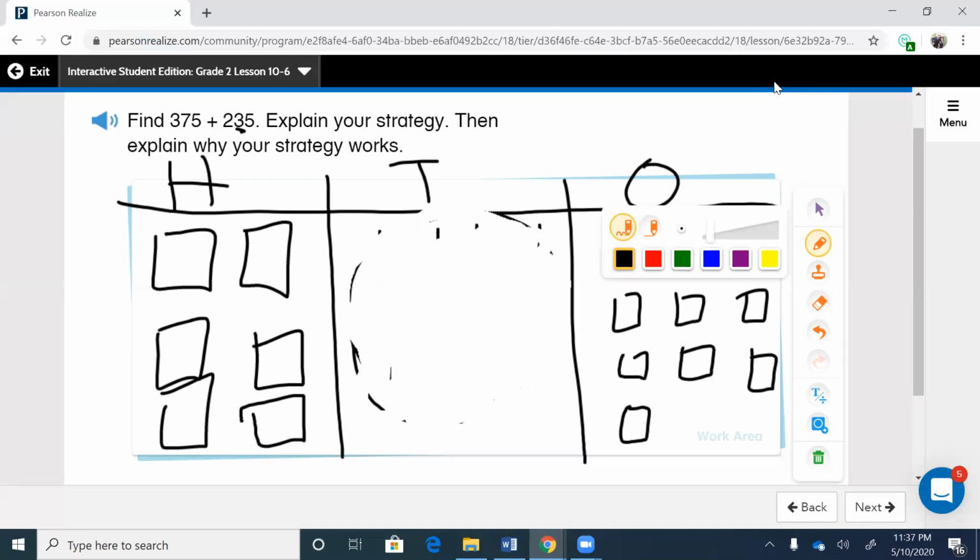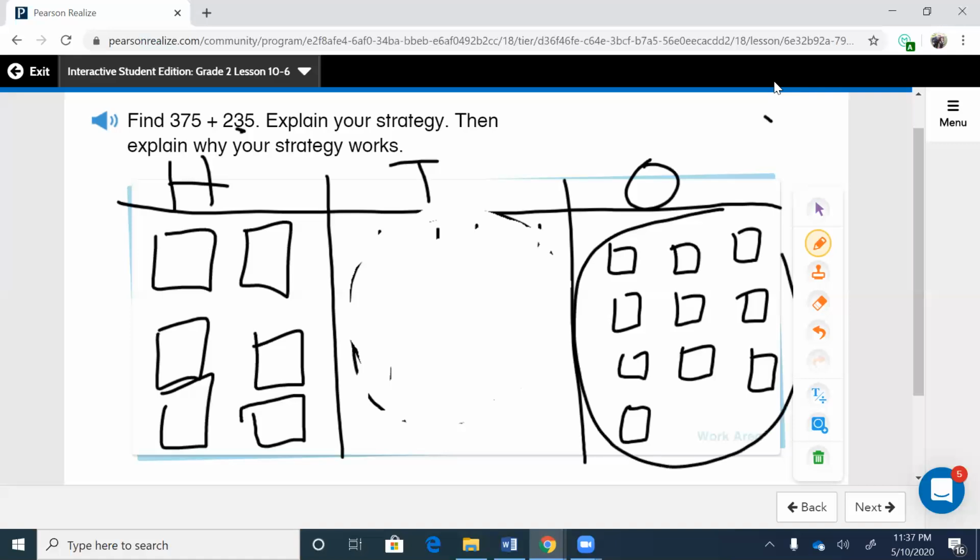All right, let's count our ones. 1, 2, 3, 4, 5, 6, 7, 8, 9, 10. Uh-oh, we got another group. So that makes 110. Okay, and now there will be 0 ones. So we can erase the ones.